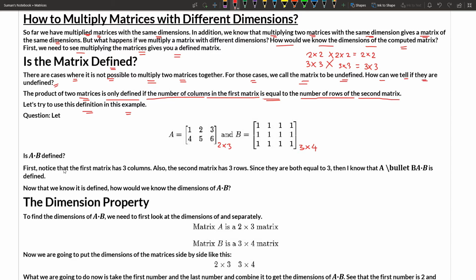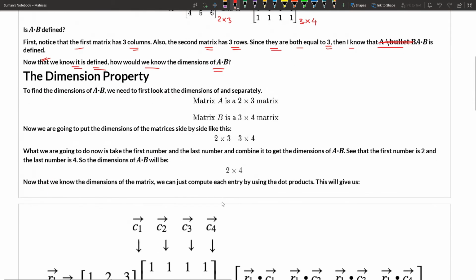First, notice that the second matrix has 3 rows. Since they are both equal to 3, then I know that A dot B is defined. Now that we know it is defined, how would we know the dimensions of A dot B?